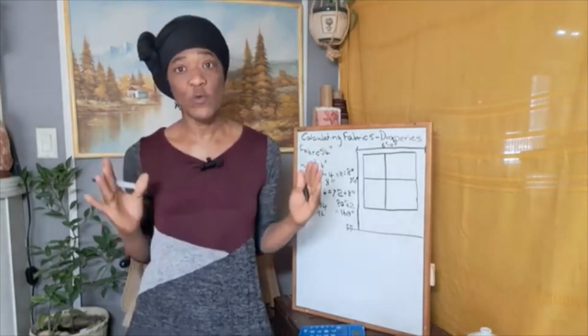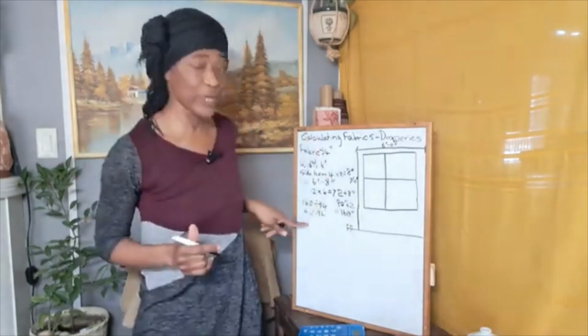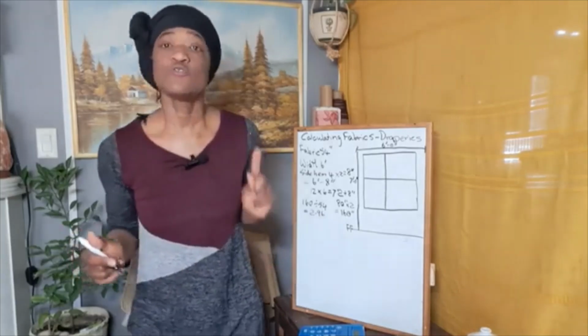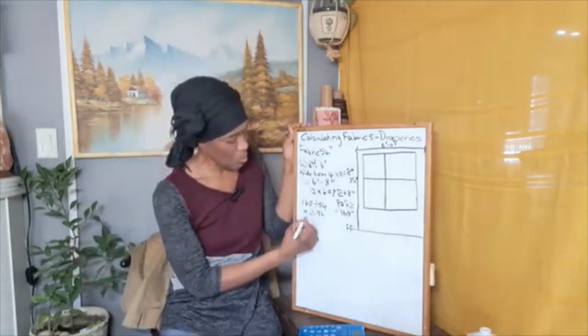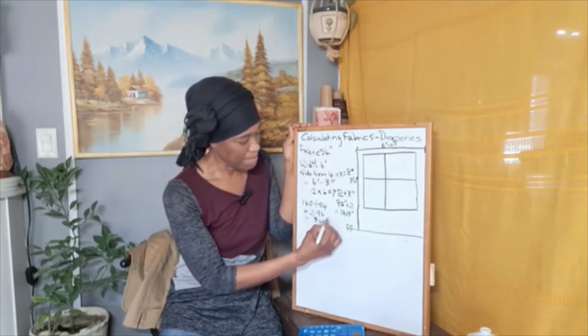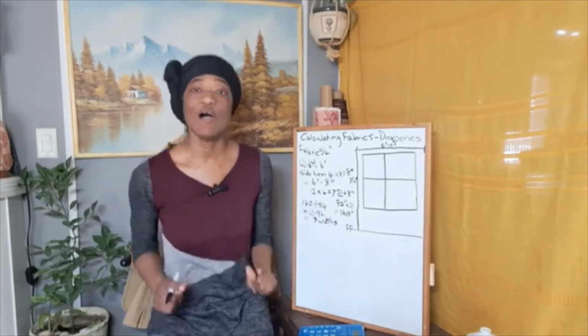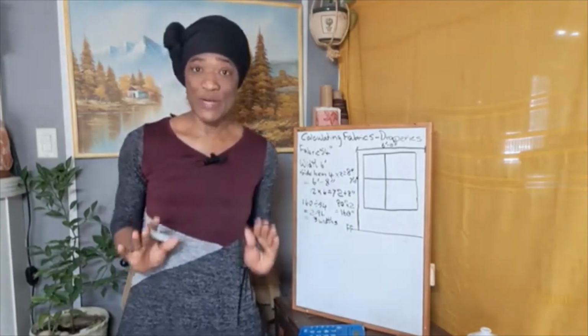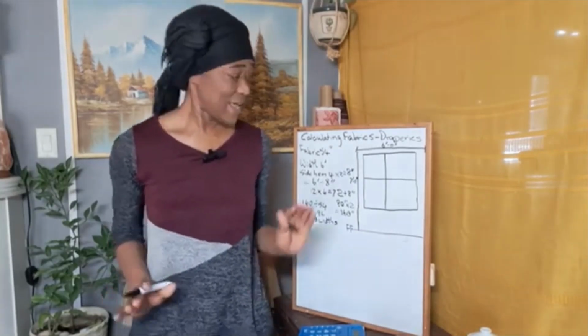We have to buy a full width. So therefore, we'll have to round up this 2.96 widths to 3 widths. So we will need 3 widths of fabric.